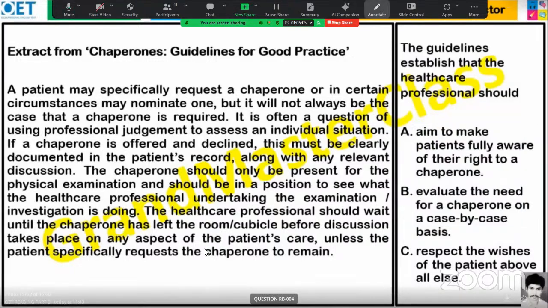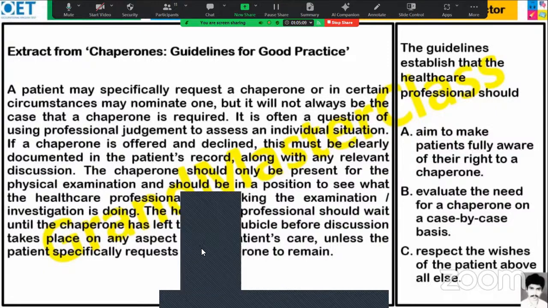So think, no need to read everything. Those who read everything will give the wrong answer because of too much confusion. The guidelines establish that the healthcare professional should do what?